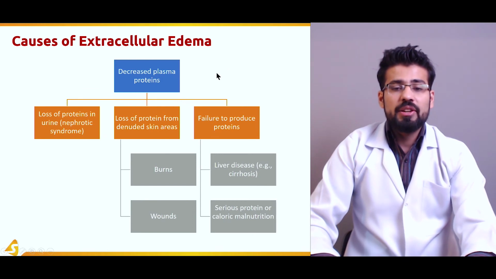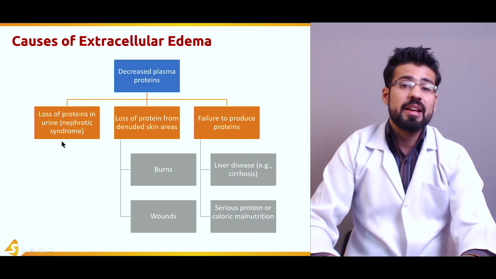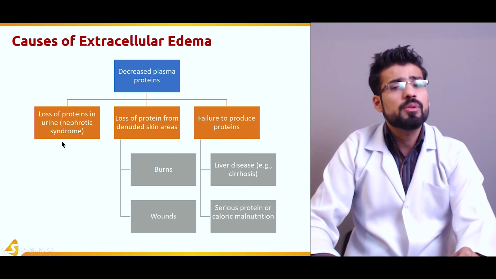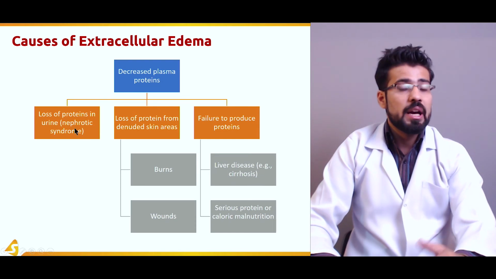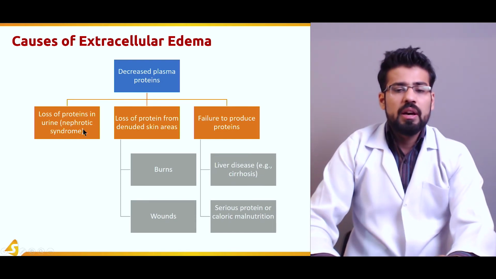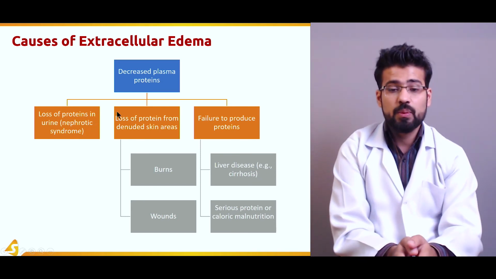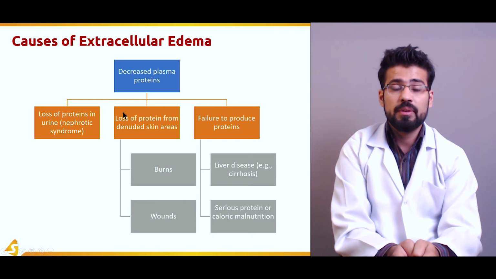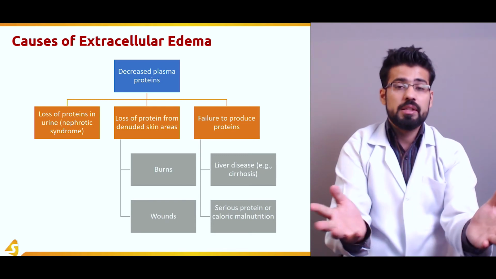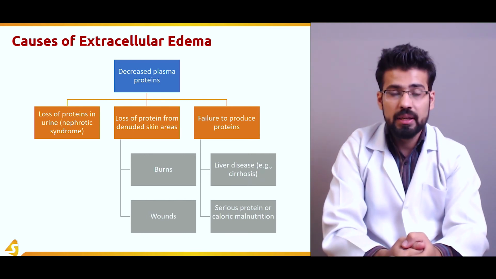Now let's discuss the decreased plasma protein concentration, where loss of protein occurs when there is some problem associated with the kidney. It usually occurs in nephrotic syndrome, where there is abundant loss of proteins. Loss of protein can also occur through denuded skin areas, which we discussed in the previous slides as well, where I asked you why burn patients are given excessive fluids.